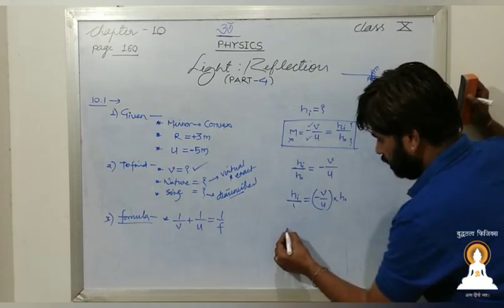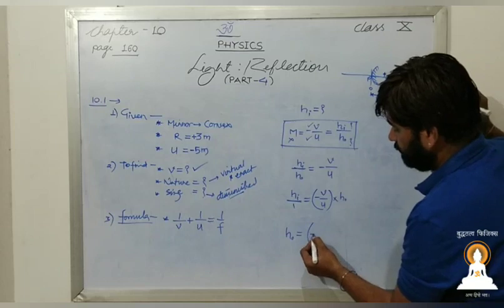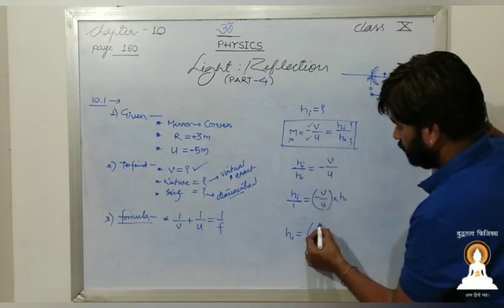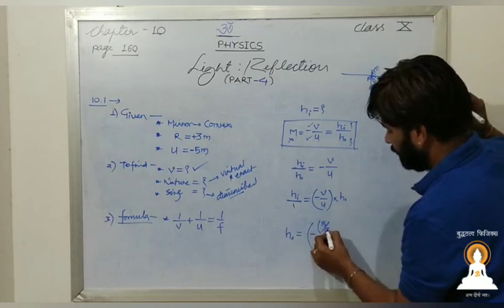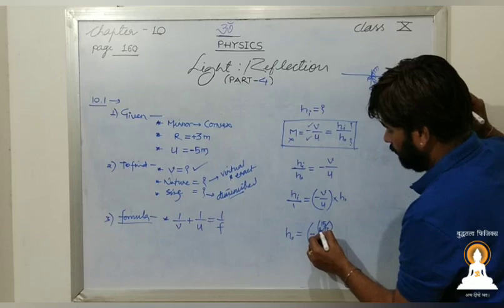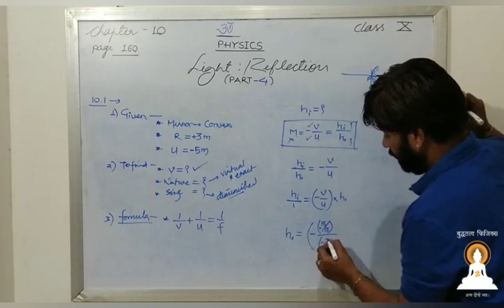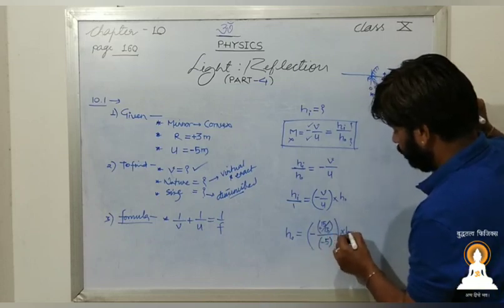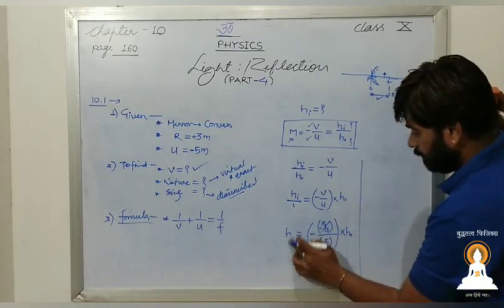So height of image will be equal to minus v, and what is v? As we have already seen, our v was 15 by 13 with the plus sign. Now upon u, u is minus 5, a negative sign is there with u, and into height of object.